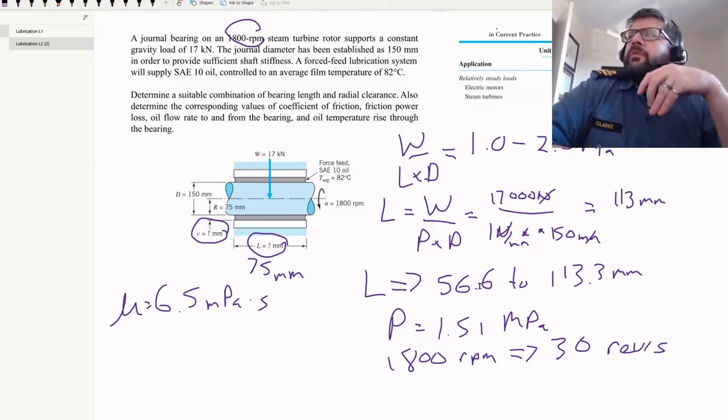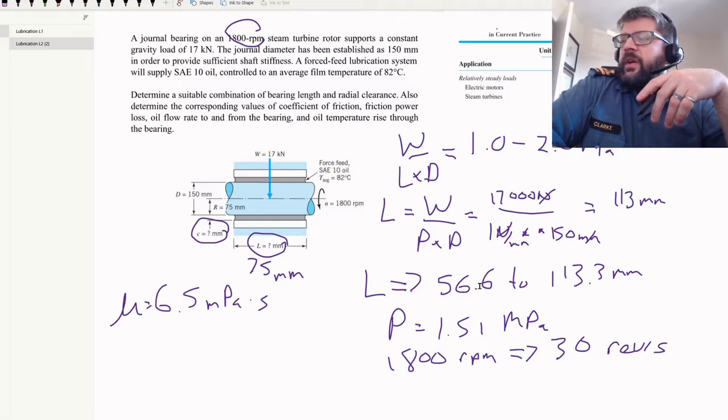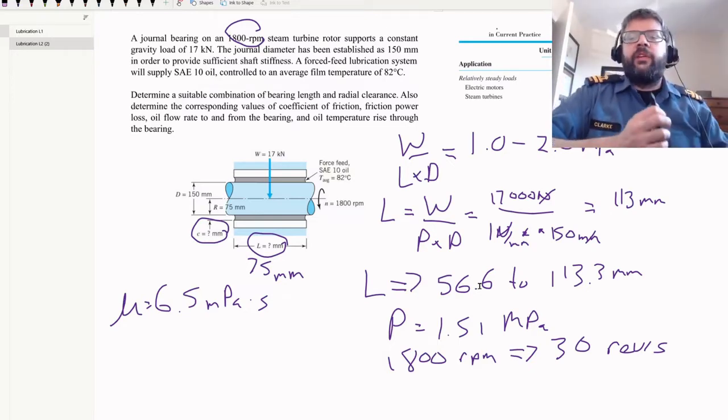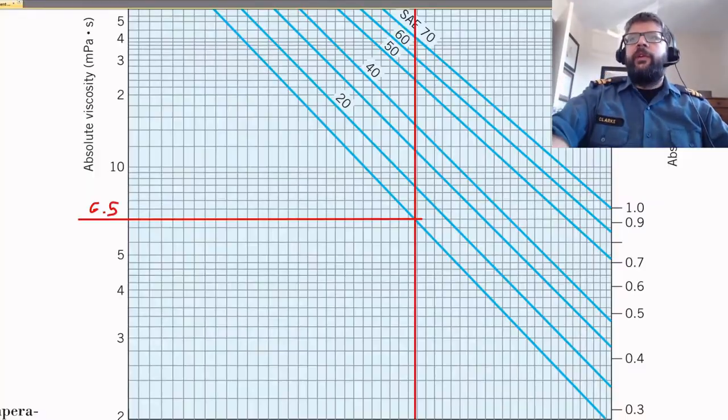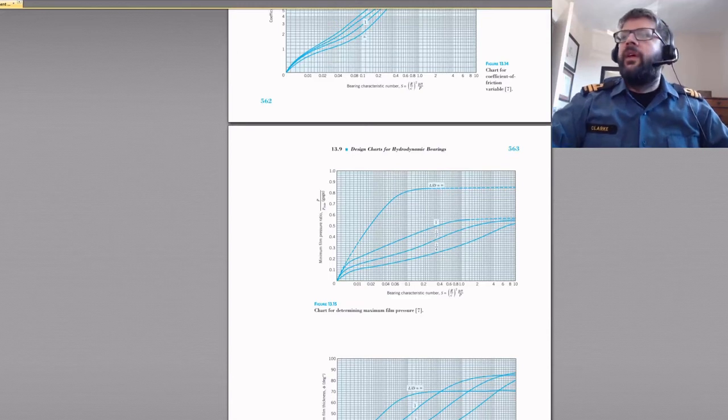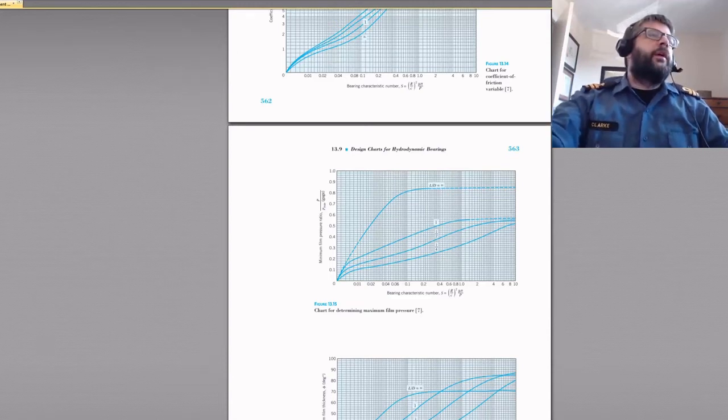Now, when one person asked me a question, I guess it's a bit confusing about when I used radians per second and when I used revolutions per second. When we're working with our hydrodynamic performance charts, the N that's used there is all in terms of revolutions per second.